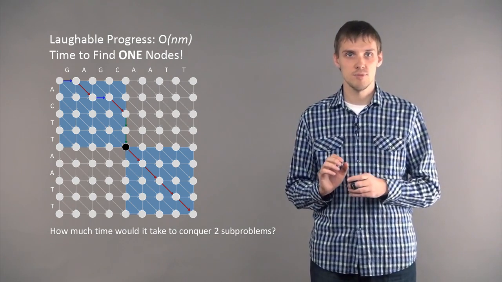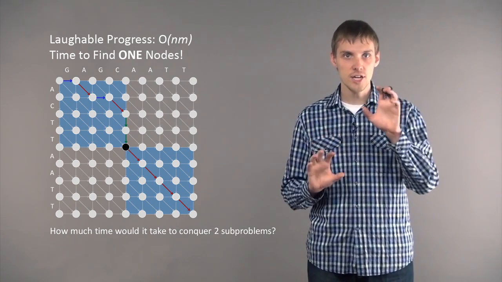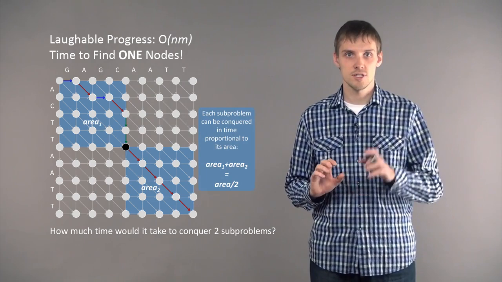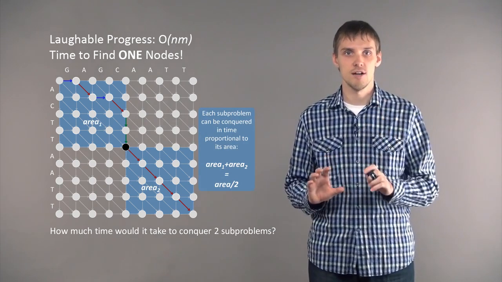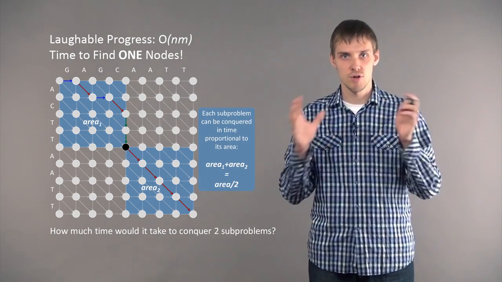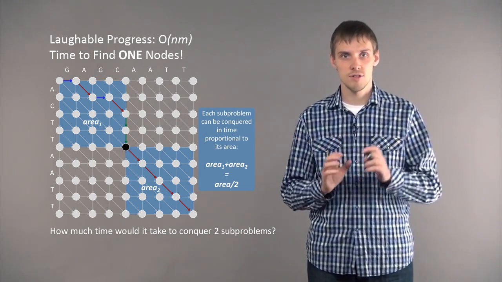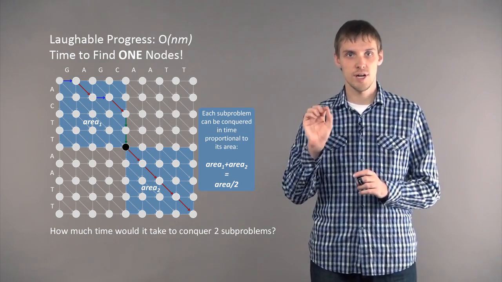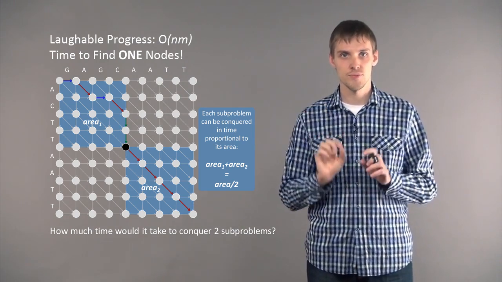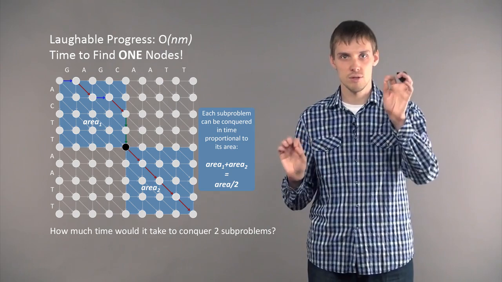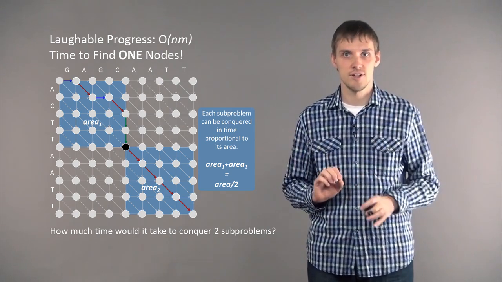How much time will it take? The area of these parts is proportional to half of the area of the whole Manhattan grid. So we need only half of the time which was required to find a single middle node to find 2 more middle nodes in these separated areas.